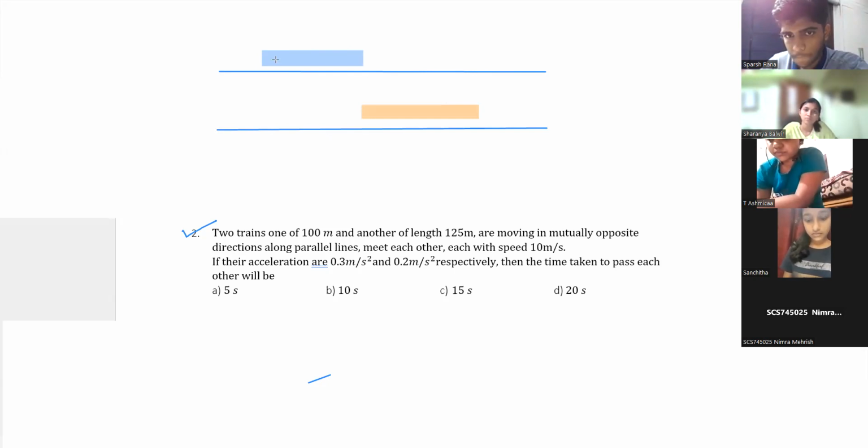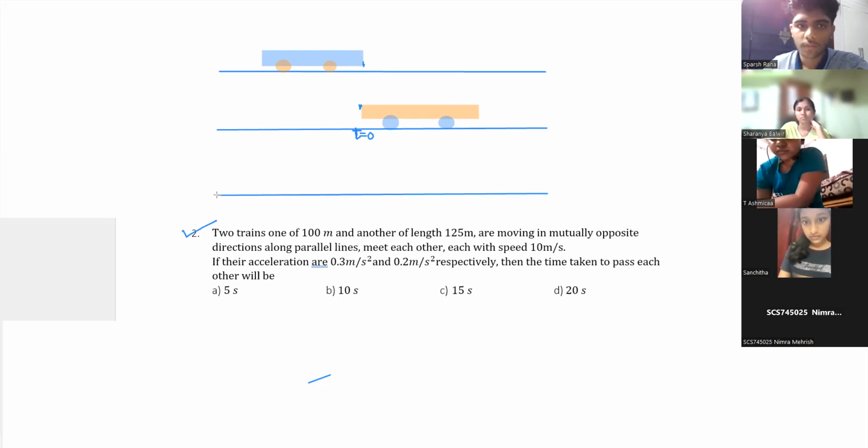Now, this is the time when they meet. Okay, let's call this time as t is equal to 0. And when they have crossed each other, how will the diagram look like?